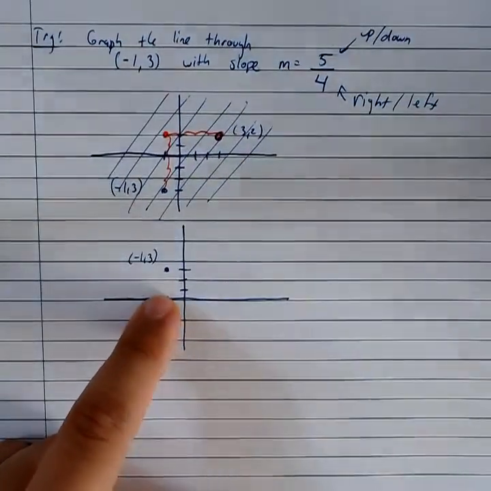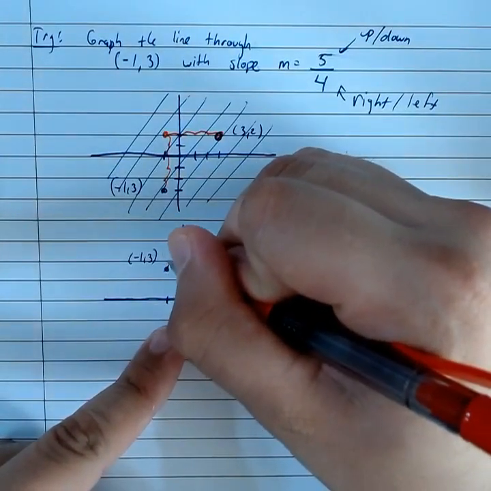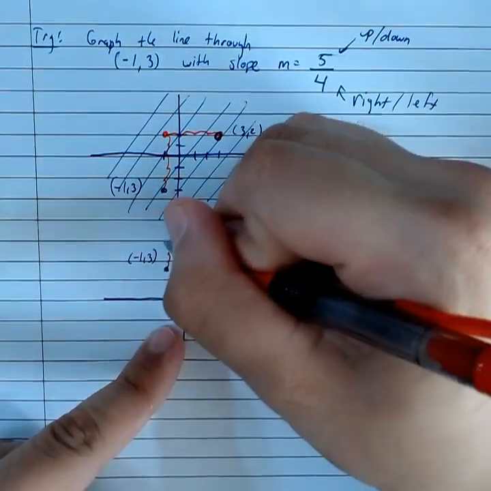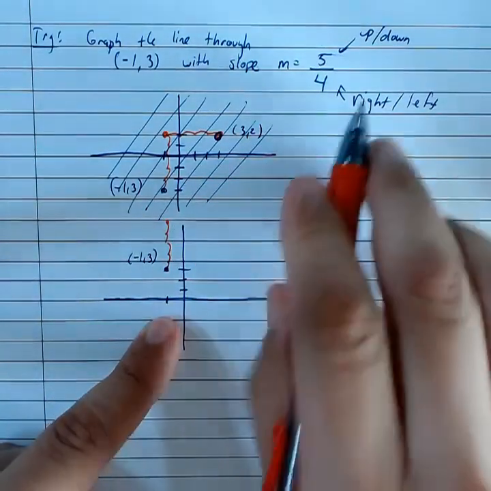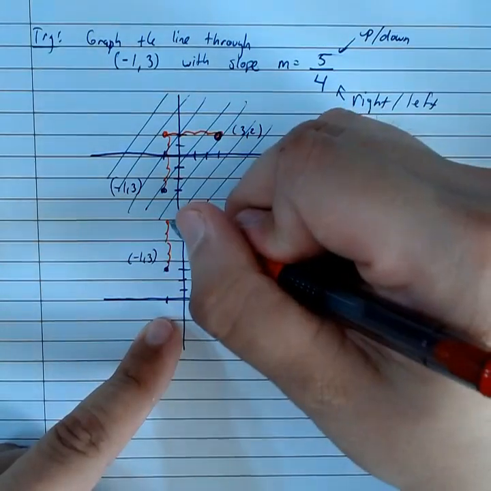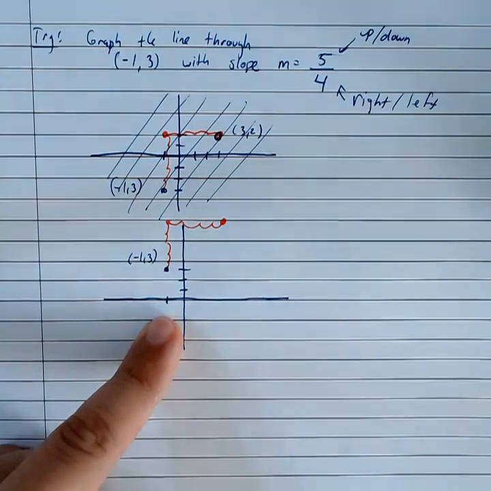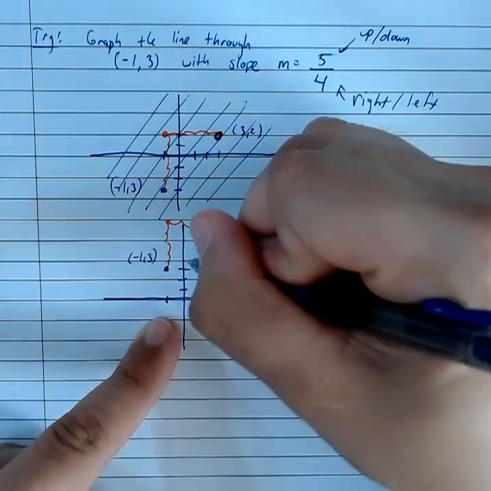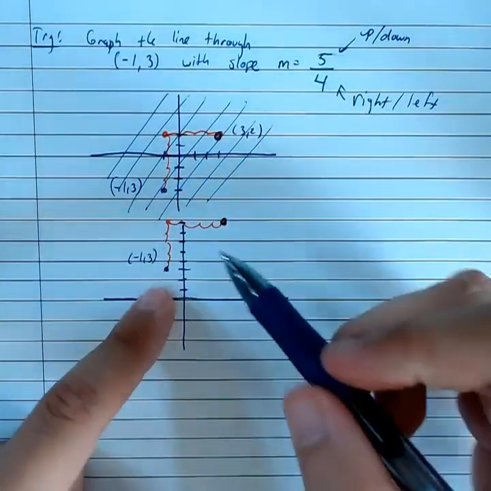All right, so now we're going to go up 5 steps from here. So it's going to go up 1, 2, 3, 4, 5. And then I'm going to go to the right by 4 steps. So that's going to be 1, 2, 3, 4. All right, there we go. So I've gone up 1, 2, 3, 4, 5 steps.